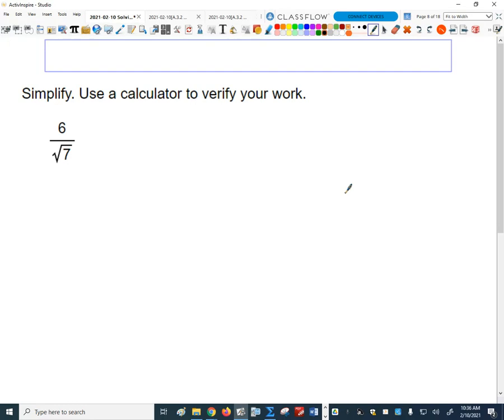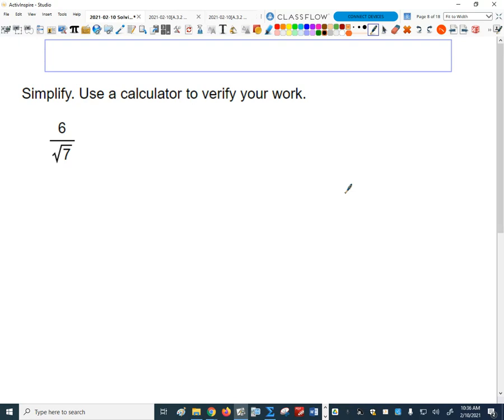Do you remember what you have to do with this? If I want to write this in simplified form, I can't, there's the square root of 7, there are no couples there. So am I done? I mean, I could be done, except for the fact that mathematicians are famously just kind of finicky about this stuff.